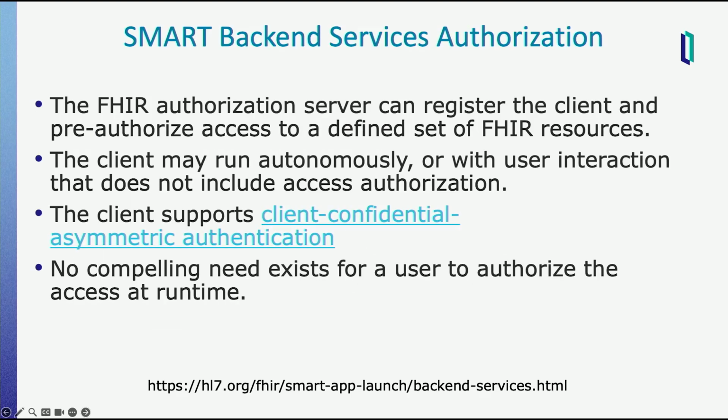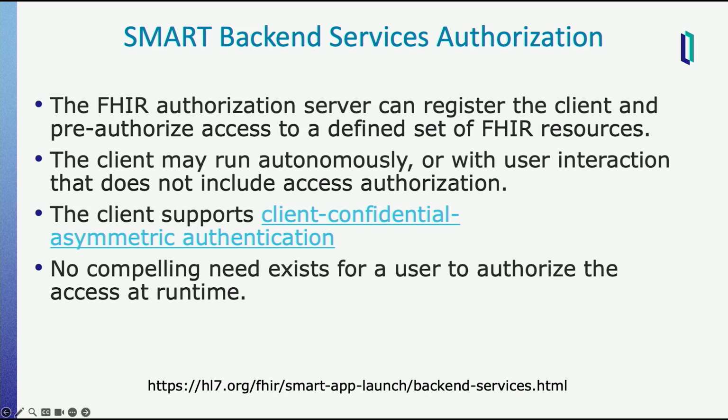Let me talk a little bit about the Smart Backend Services Authorization. This is critical to providing the security and the standardized mechanism for application authorization. And it uses the OAuth 2 protocol. So what this does is it allows applications to get an access token to access protected resources.